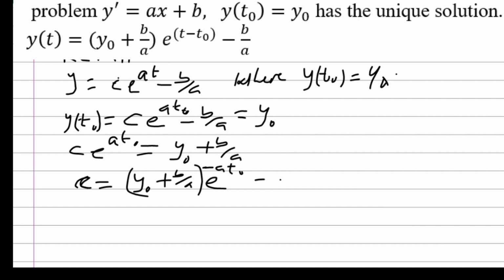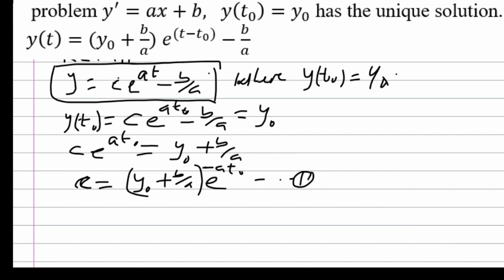Now we say equation 1, we substitute equation 1 into the original equation, because we have looked for the value of c so that it becomes a particular solution but not what? A general solution. So y equal to c e exponent at minus b over a is a general solution.